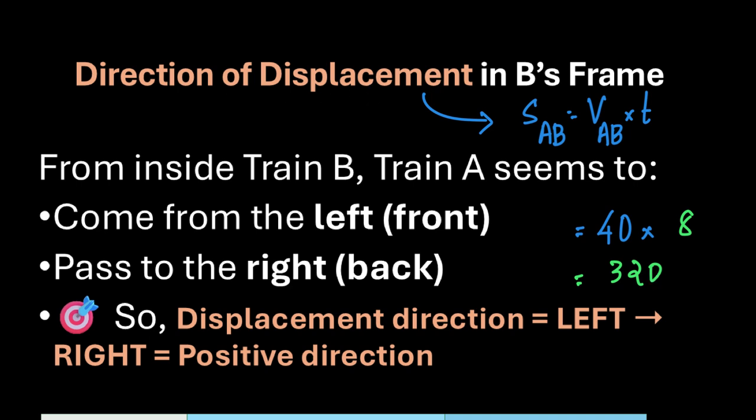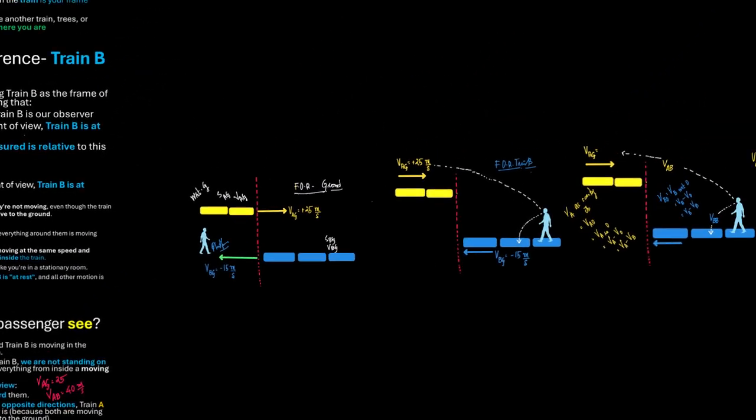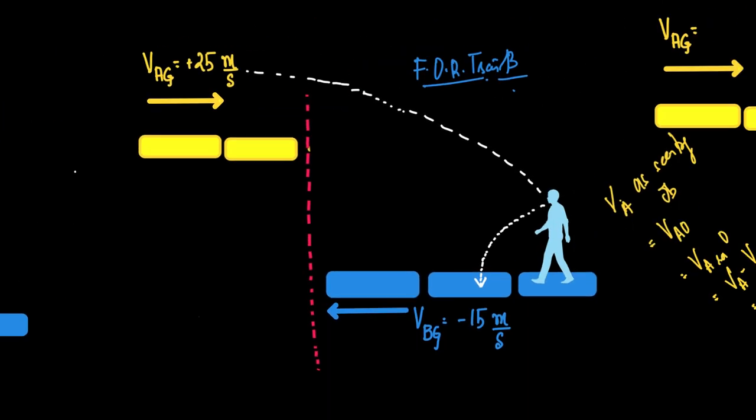Now, direction is really important. From inside of the train B, train A seems to come from the left and pass to the right. Right? So maybe that's where we need the explanation, the visualization here. Yeah.